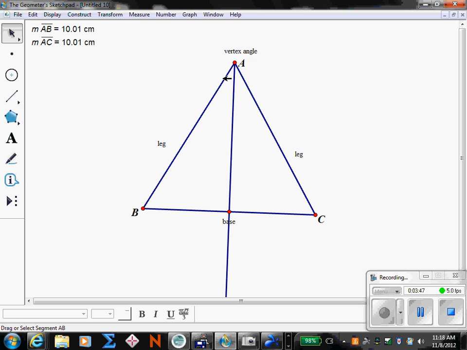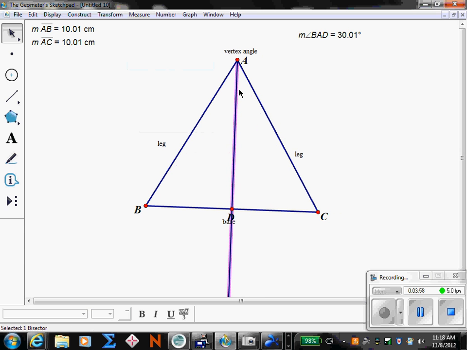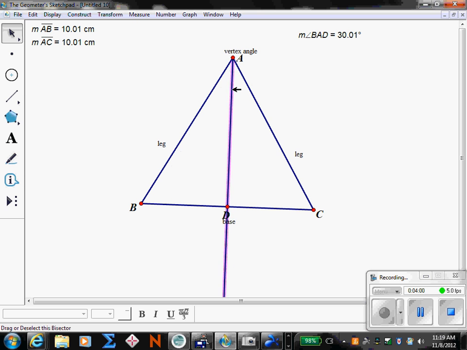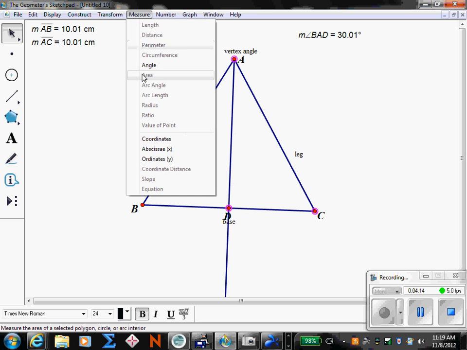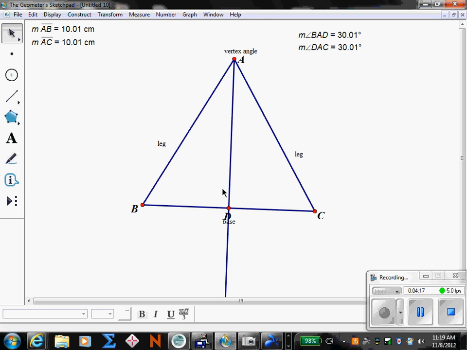If I measure just this angle here, because we constructed it as a bisector, it'll show that these two angles are congruent. Okay, so we have line segment AD that we have made by it being a bisector.